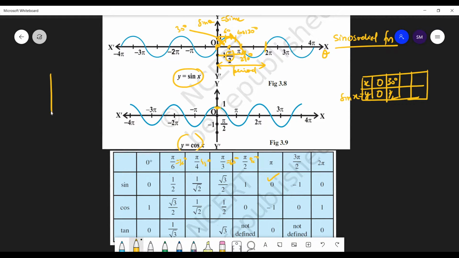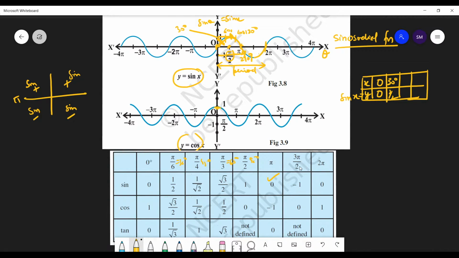In the first quadrant, up to 90 degrees, sine is positive. In the second quadrant, up to 180, sine is again positive. But in the third quadrant, sine is negative. In the fourth quadrant also, sine is negative.